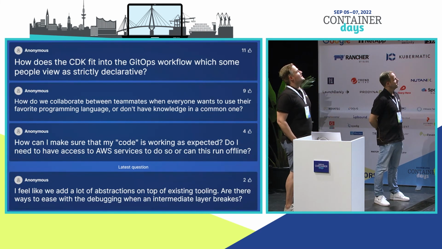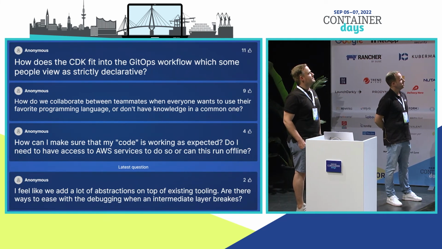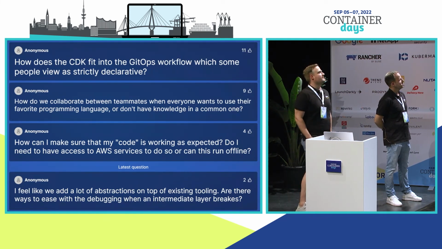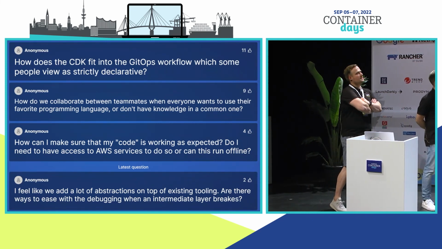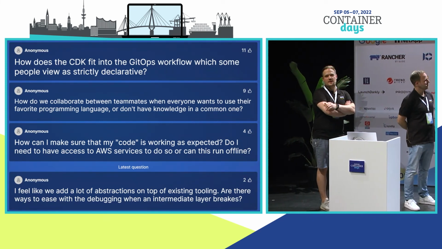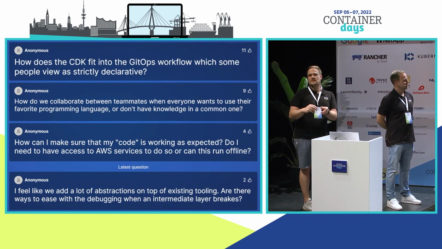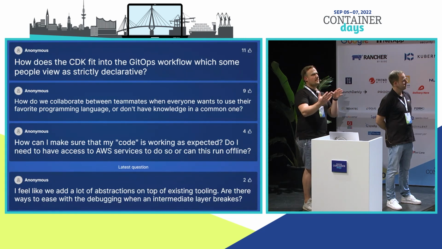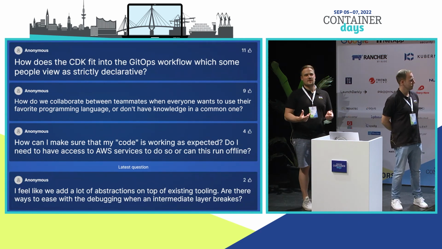How does CDK fit into the GitOps workflow, which some people view as strictly declarative? Yeah, it fits pretty nicely because, as you've seen when I showed how it generally works, you always know that the output is a declarative template. The code you write, of course, is not declarative. It's code, right? It's Turing complete.